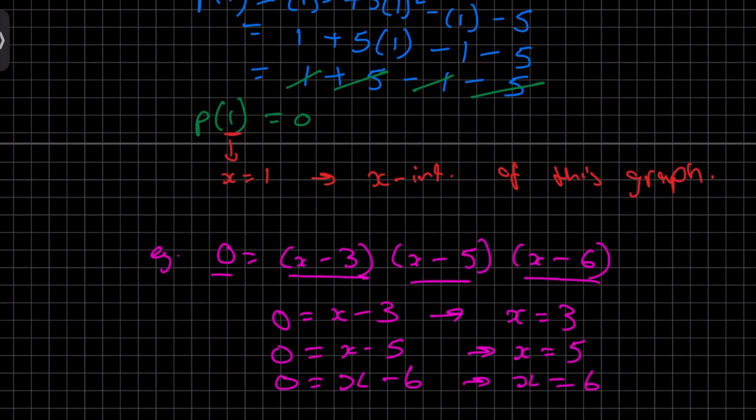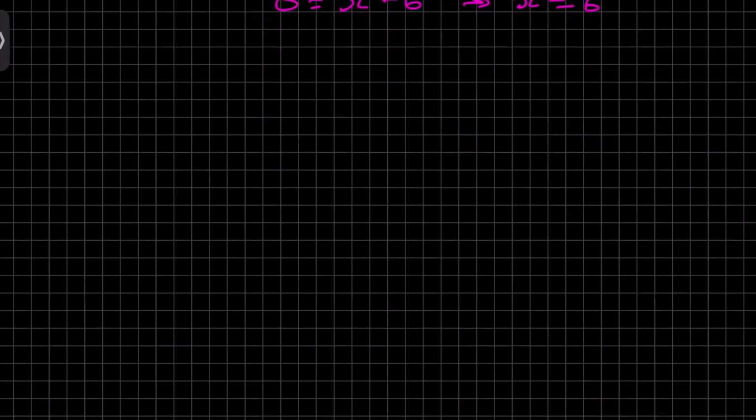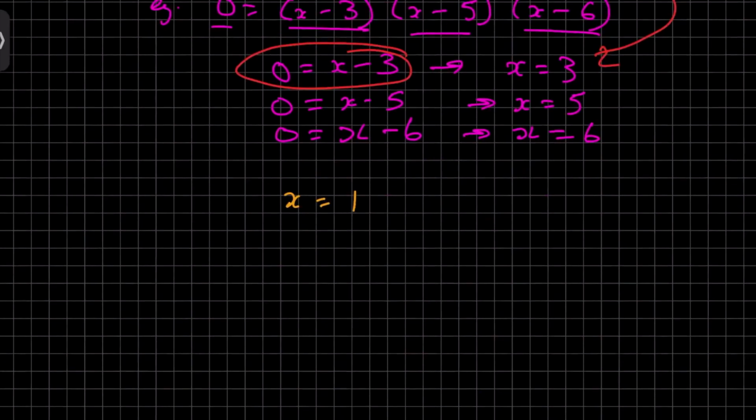Now, in a similar way, we are working backwards over here. We already know that x will equal 1. What we will do now is rearrange the equation to give us something in this form. So let me demonstrate. We already know that x equals 1, but we want to extract our factor from this equation.